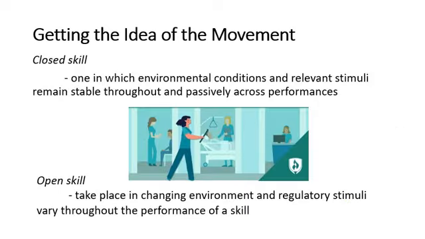If the skill to be learned is a closed skill, the learner's task in sorting out stimuli is not too difficult. Bakit daw po? Kasi pag sinabi natin closed skill, it means one in which environmental conditions and relevant stimuli remain stable throughout and passively across performances. So, ano po mga example ng under ng closed skill? Meron po tayong, kunwari po, yung hand washing, mga ganon, no?